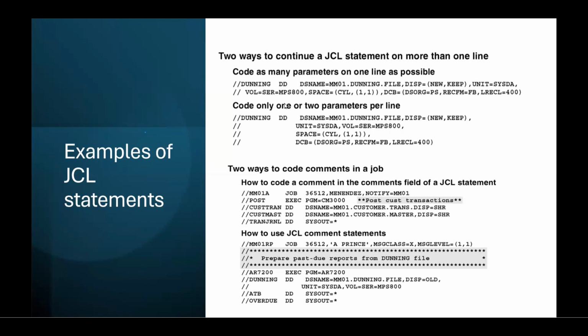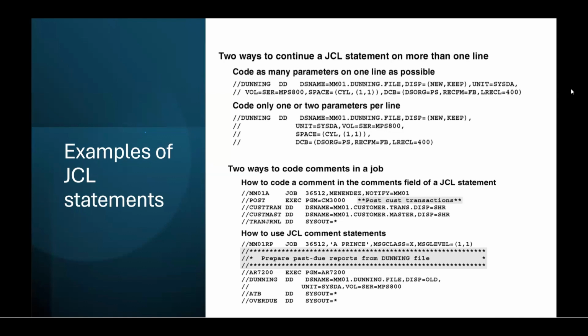I follow this practice: when I was working in any process or any job, I would be writing one parameter or maximum two parameters per line, because that is a very good practice. It will be readable, and you can see the difference between the two types.